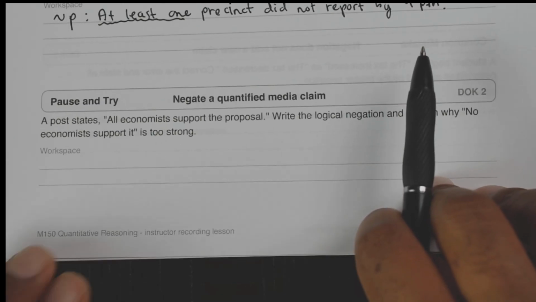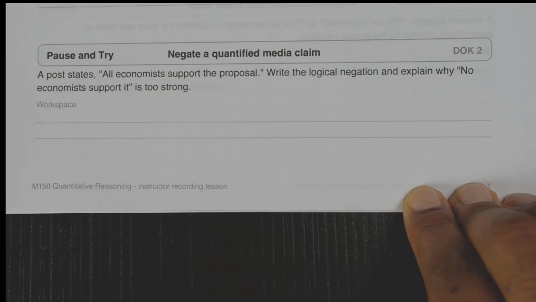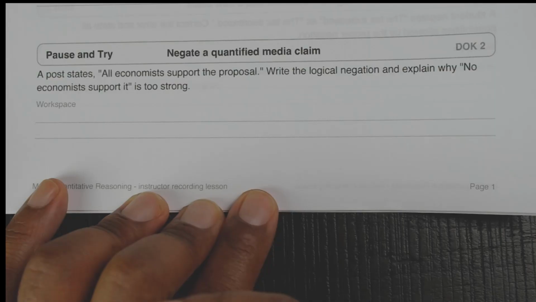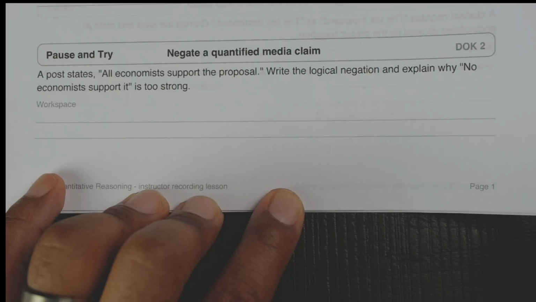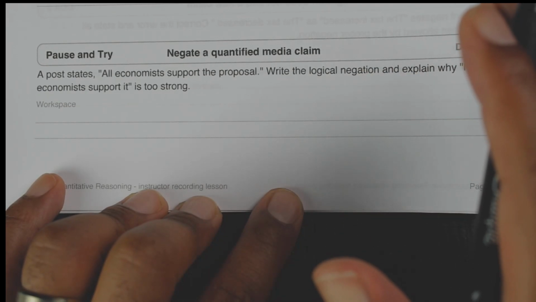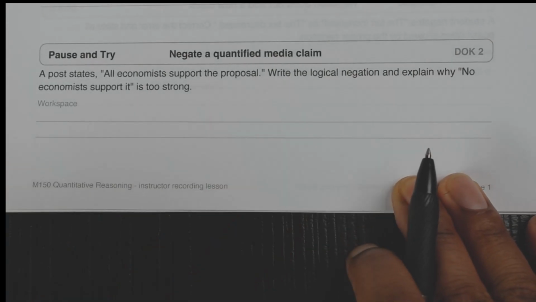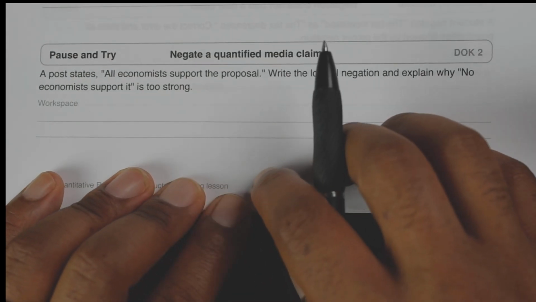Okay. All right. Try the problem at the bottom. So this says the statement is all economists support the proposal. And then it says explain why no economists support it is too strong. So the original claim says all economists support the proposal.